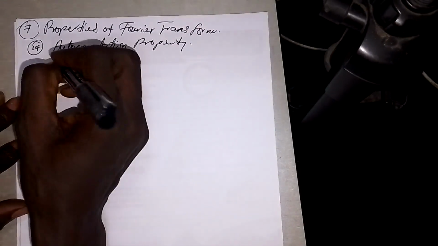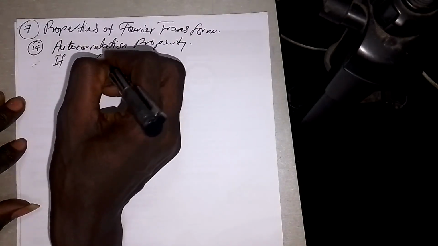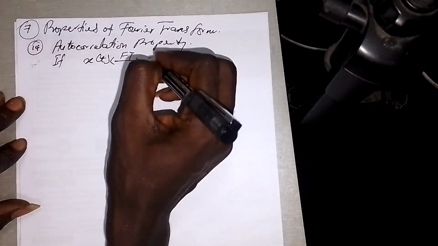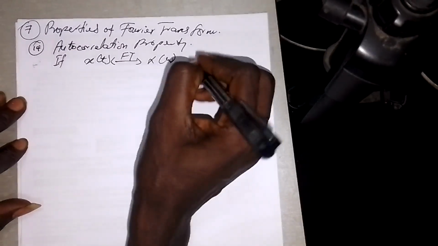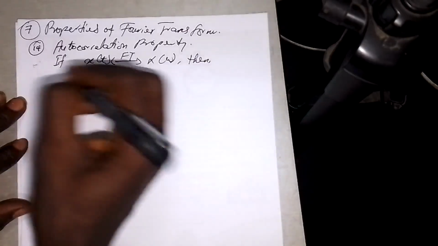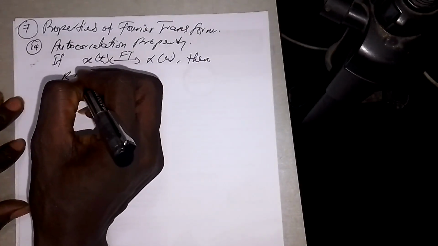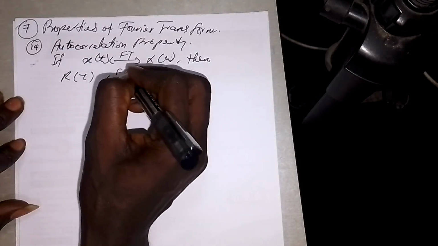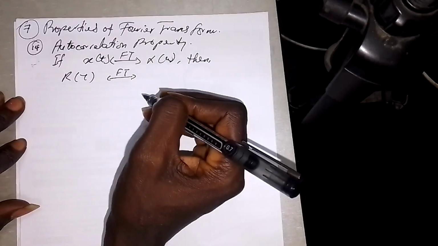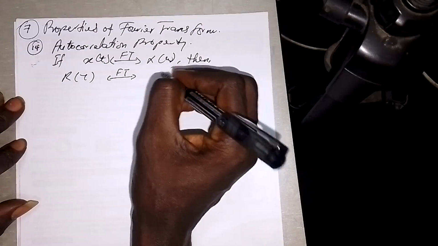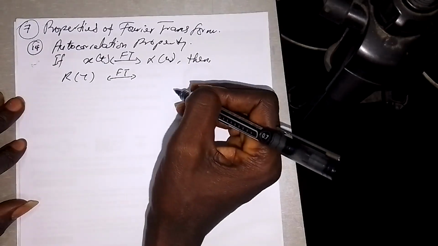Okay, so now if x of t has the Fourier transform x of omega, then the autocorrelation, which is r of t, will be the Fourier transform for the spectral density.